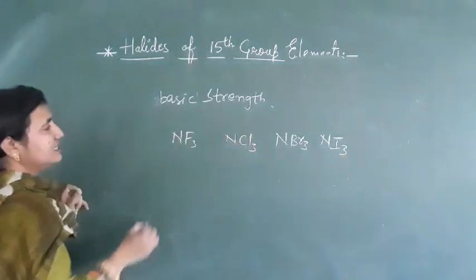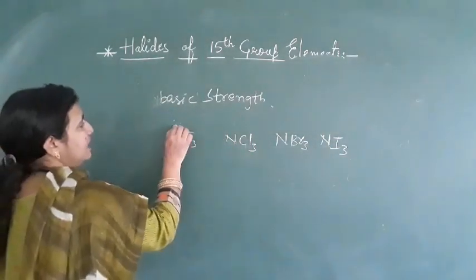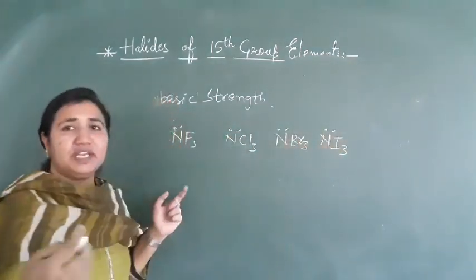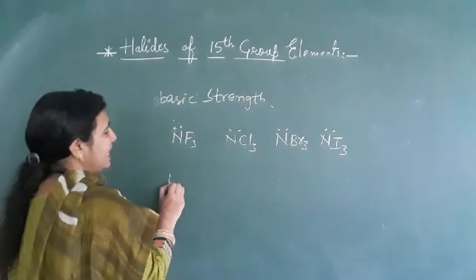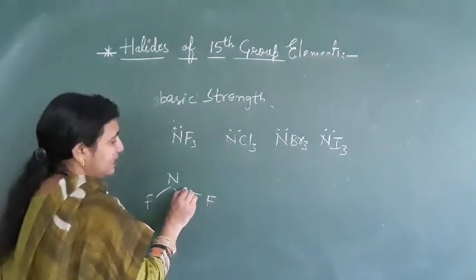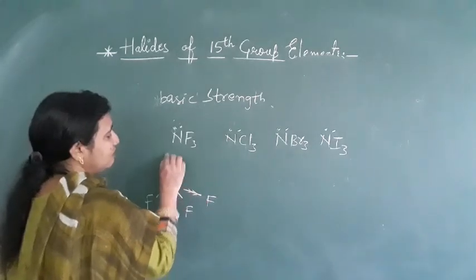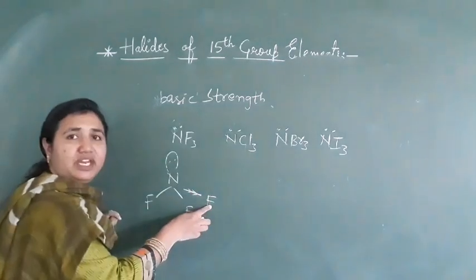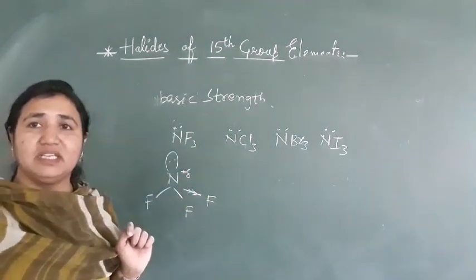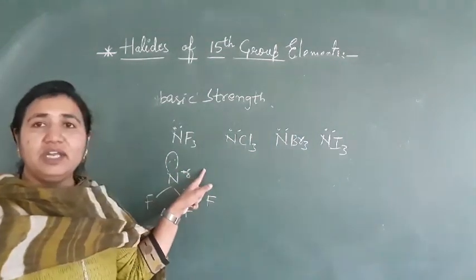In this case, on nitrogen we have a lone pair. Every nitrogen has a lone pair and it can donate and act as a base. But in NF3, fluorine is a more electronegative element. That's why the electrons will be attracted towards fluorine. Due to that, a partial positive charge develops on nitrogen, so it cannot donate the electrons easily.